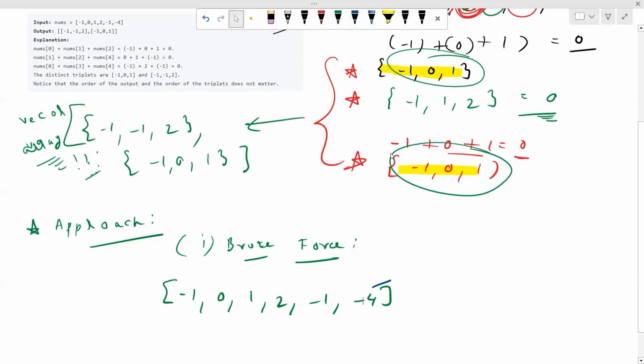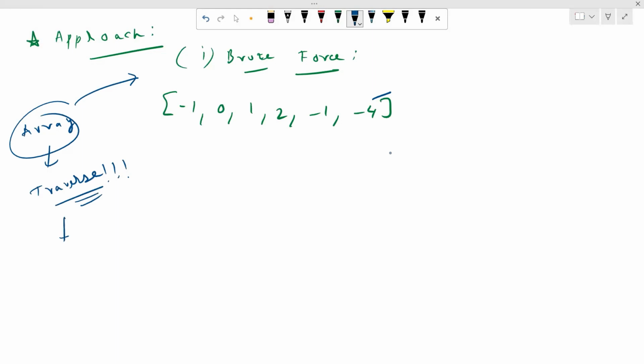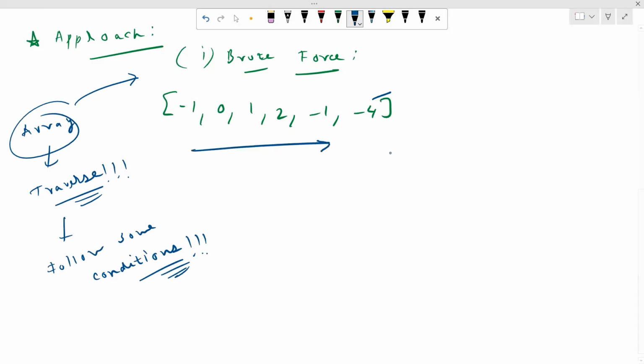Whenever we have an array in question and we need to think about the brute force or the naive approach, what we need to do is traverse over the array and follow some conditions while traversing, right? We don't need to think about how many times we need to traverse over the array because we're just building our brute force approach.